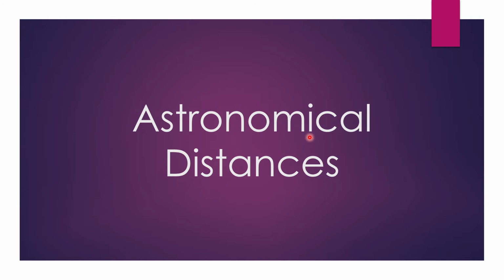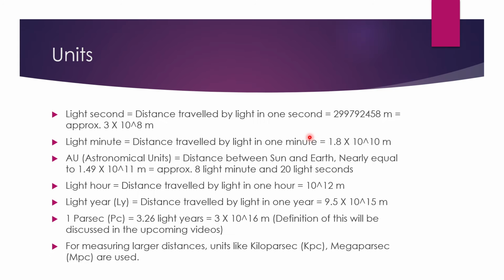So we can't use these units, kilometers or meters, to represent these distances. We need some bigger units. Here I have written down some of the units which are used to represent astronomical distances.